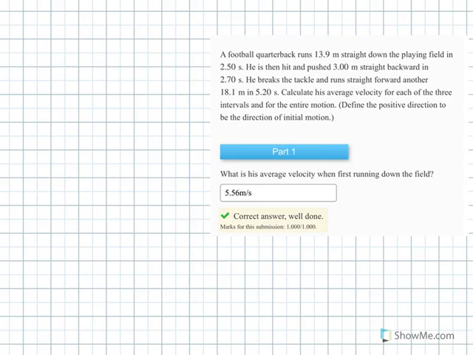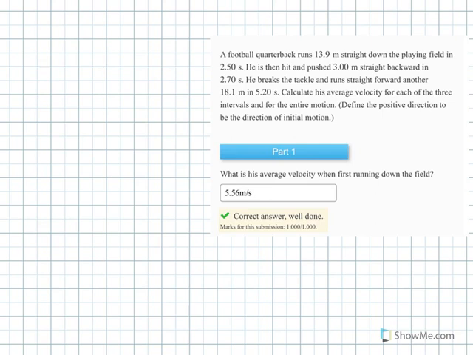This is problem number 8 on your Physics LE homework. So we're going to work this out. And so here we go. We've got a football player. He's running 13.9 meters straight down the playing field in 2.5 seconds.